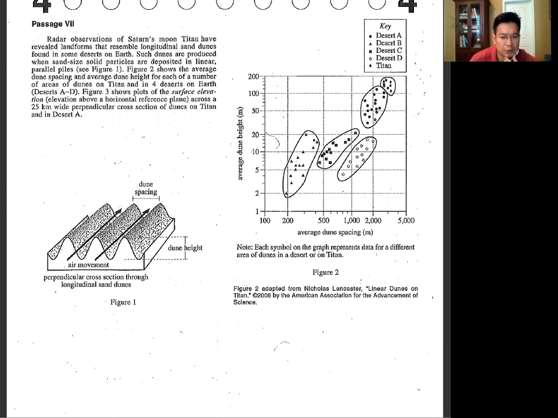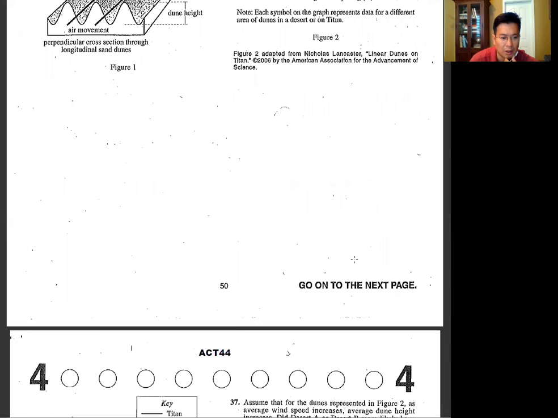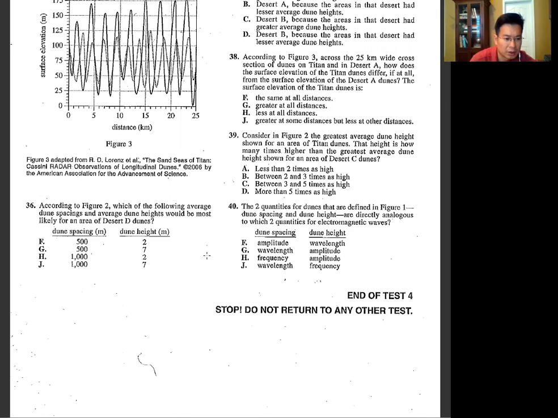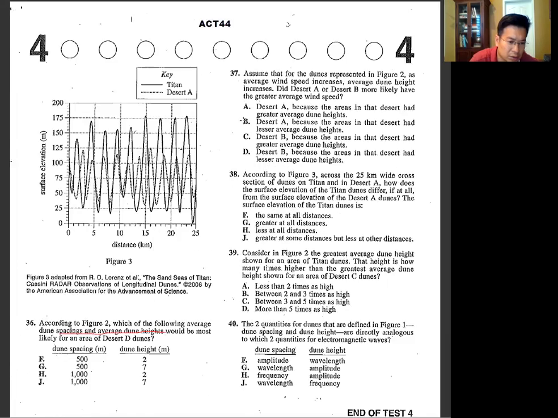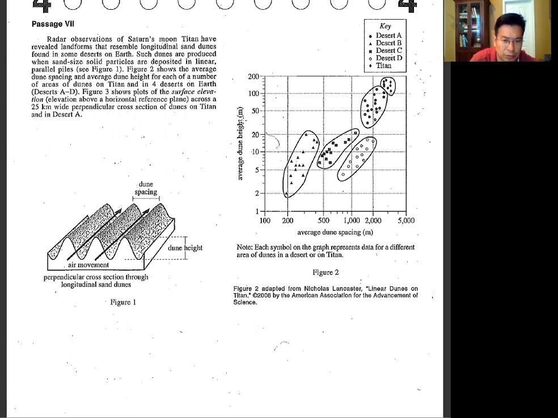And then the very last one that we need to do here, 36. According to figure 2, which of the following average dune spacing and average dune height would most likely describe desert D dune 2? Desert D is this one right here.